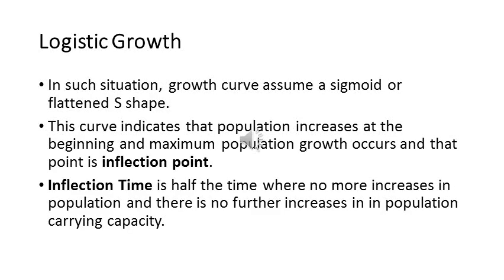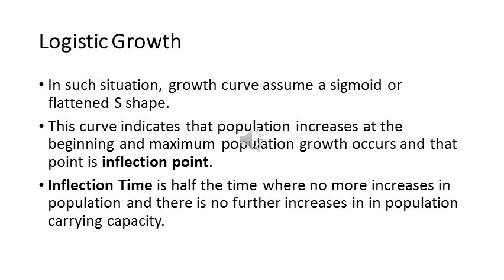Under the influence of environmental resistance, where any factor reduces the growth rate and causes the logistic growth, the growth curve assumes a sigmoid or flattened S shape. This curve indicates that the population increases at the beginning at an exponential rate.